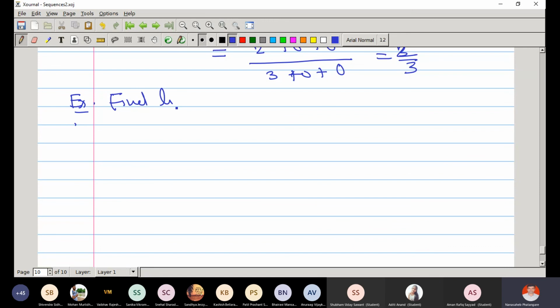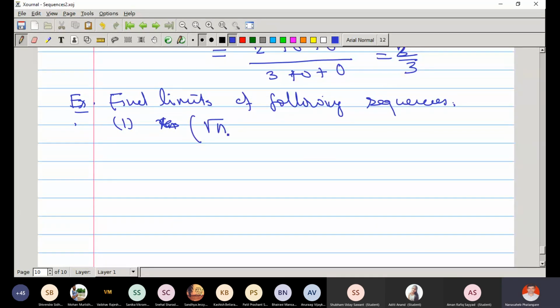Find limits of the following sequences: root n into root n plus 1 minus root n.